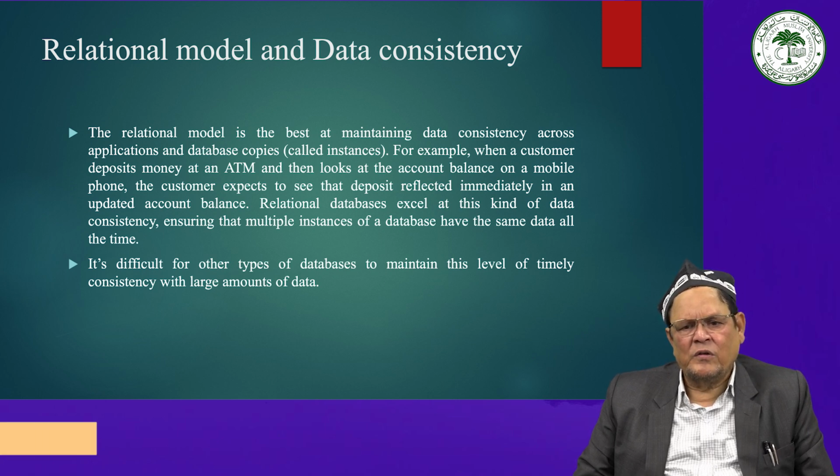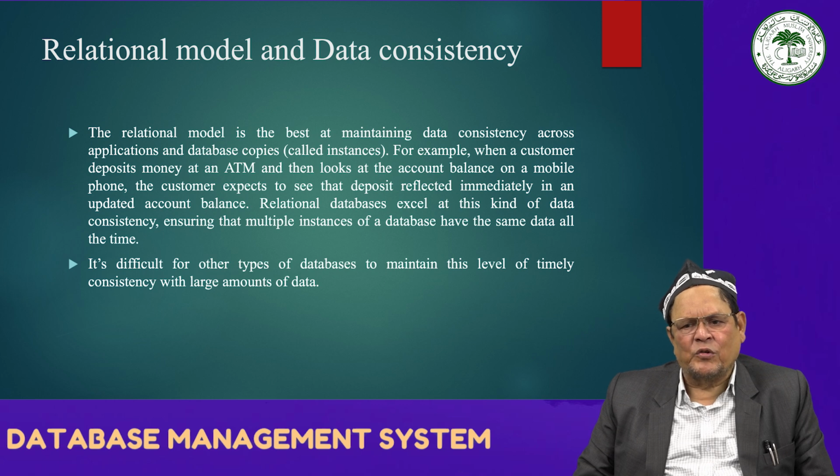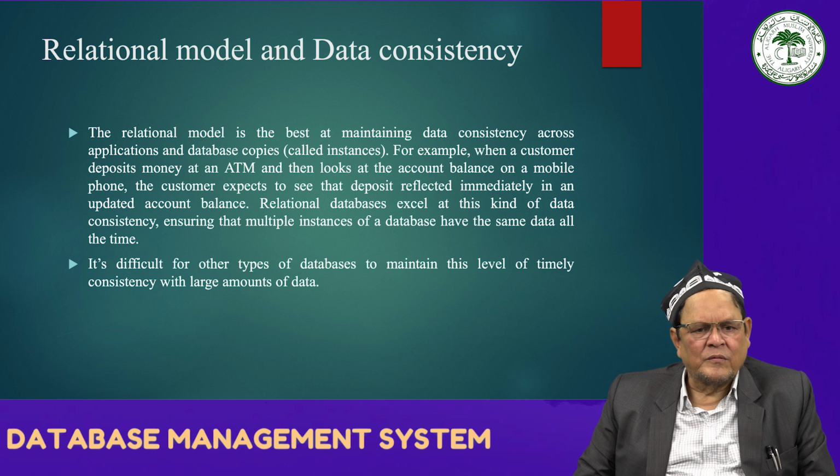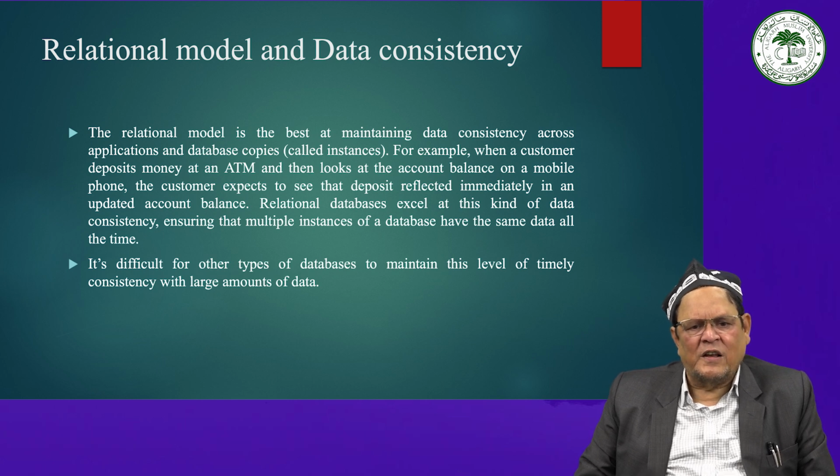For example, when a customer deposits money at an ATM and then looks at the account balance on a mobile phone, the customer expects to see that deposit reflected immediately in the updated account balance. Relational databases excel at this kind of data consistency, ensuring that multiple instances of the database have the same data all the time.